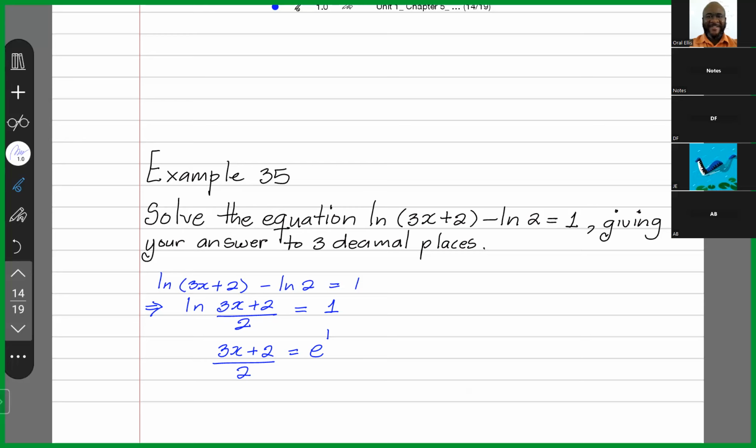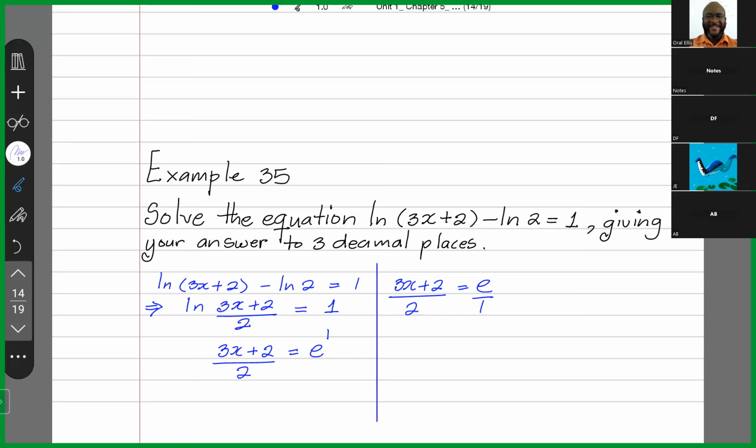So this is the same as saying (3x + 2) over 2 is equal to e over 1. Remember that whenever you raise anything to the power 1, you don't have to write the power.